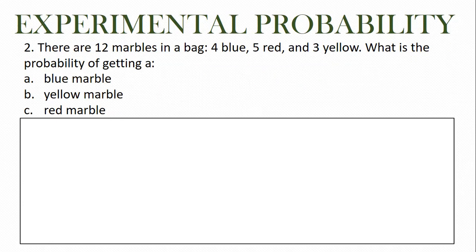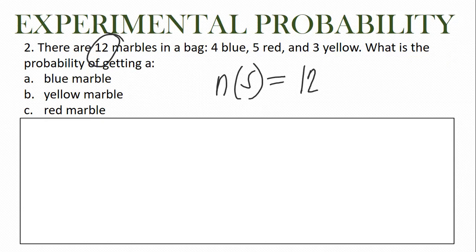So, given na si sample space, ano ang sample space natin dito or yung possible outcome natin? Ito yung 12. Sabihin, meron tayong 12 marbles in a bag. 12 possible outcomes. 12 yung chances natin na makapick ng marble.